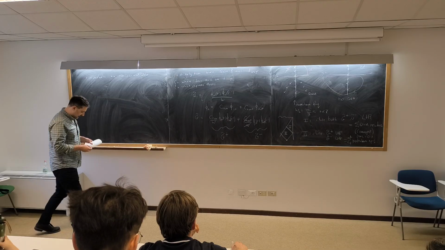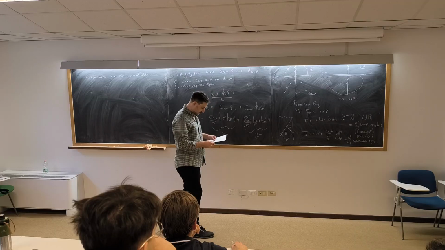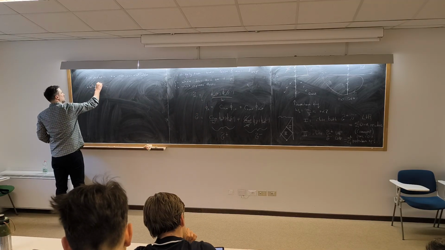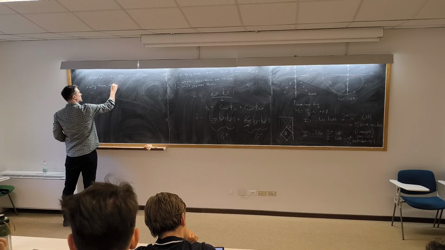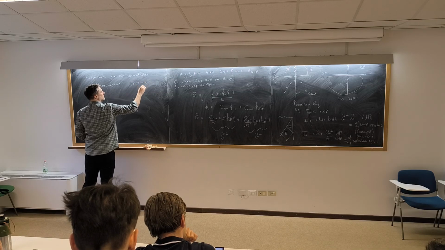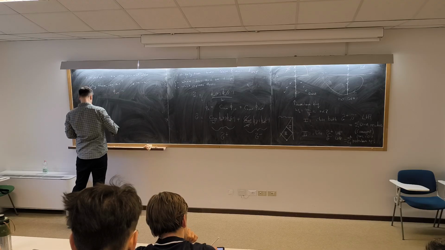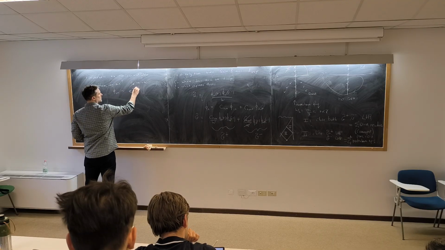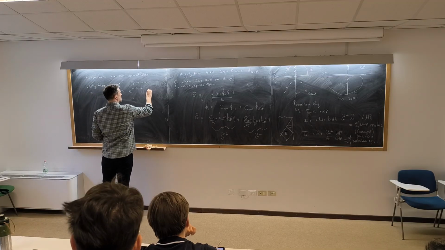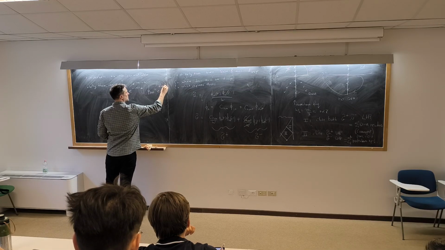If you look near the horizon, so r star goes to minus infinity, then the ingoing solution behaves like e to the minus i omega r star, and the outgoing solution behaves like e to the plus i omega r star.